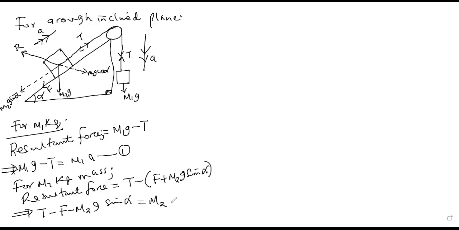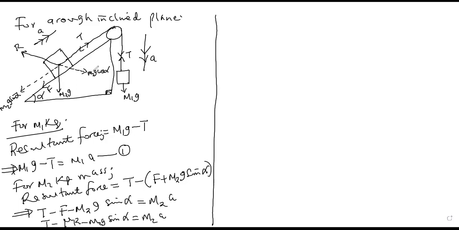is equal to m2a. Working on it, it will become T minus mu R minus m2g sine alpha is equal to m2a. But remember R, when you look at the diagram very well, R is counterbalancing m2g cos alpha.